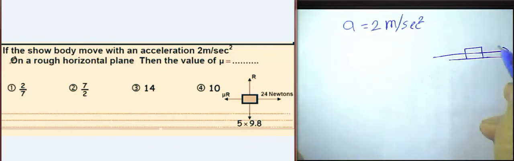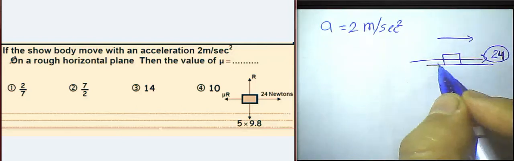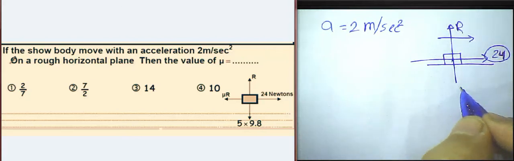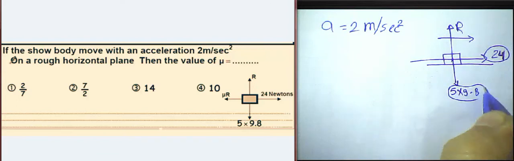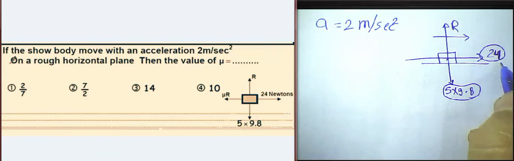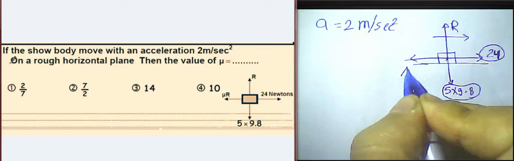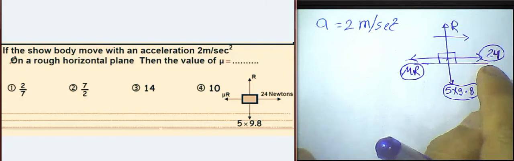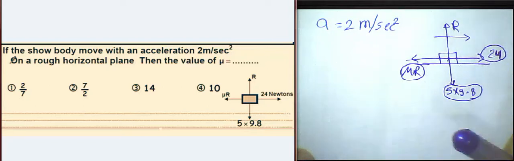We have the force, which is 24 Newton, acting from left hand side to right hand side, and we have the reaction here, and the weight down, which is 5 kilogram. 5 multiply 9.8 converts to Newton, and this force is 24 Newton, and we have here mu multiply R equal 24. We can write 24 because we moved from left hand side to right hand side.